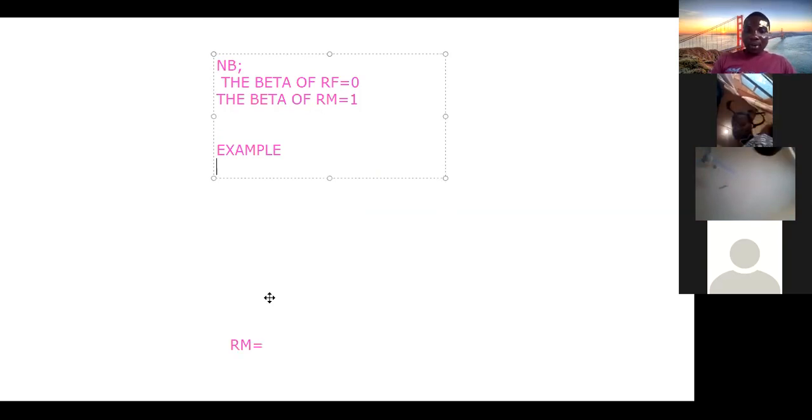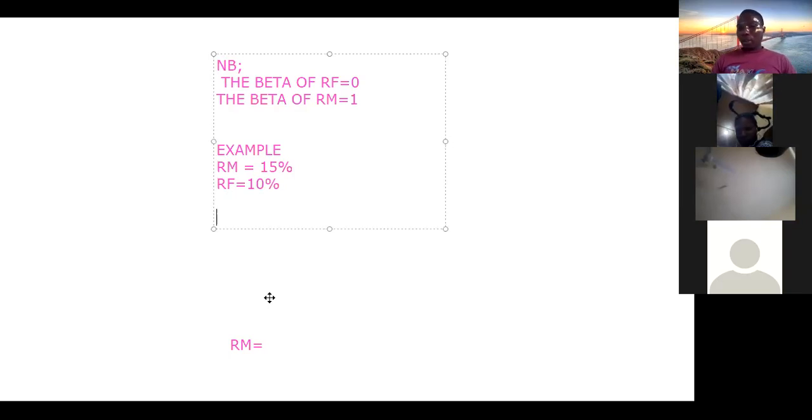And so therefore, from the diagram over there, we can say our RM is equal to 15%. Our RF is equal to 10%.